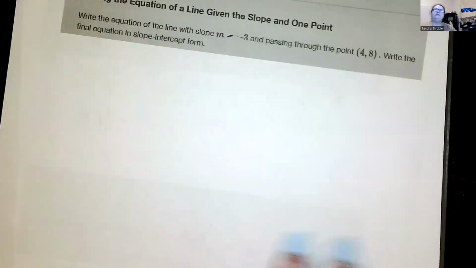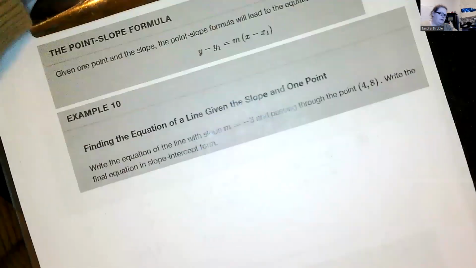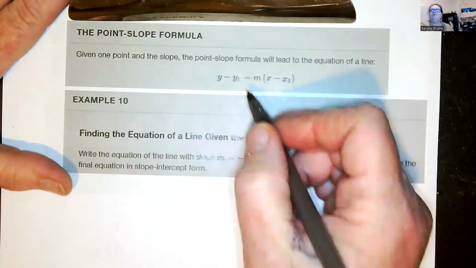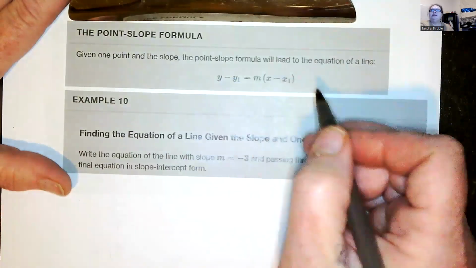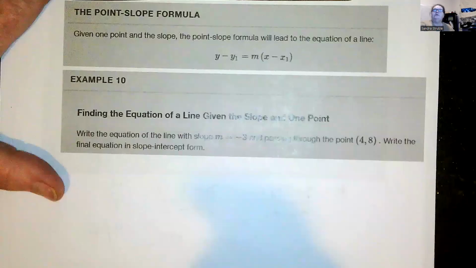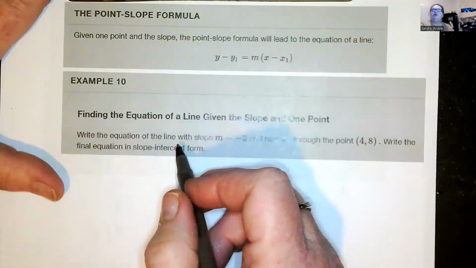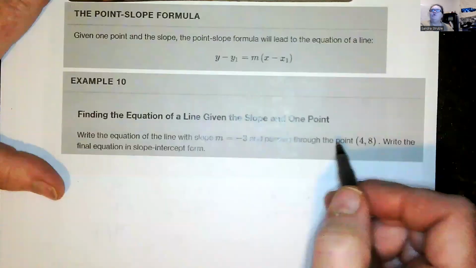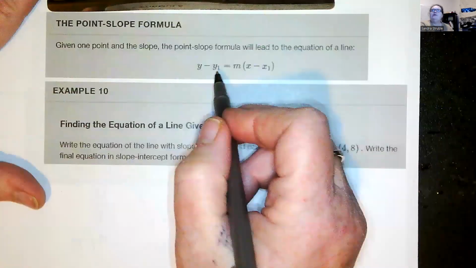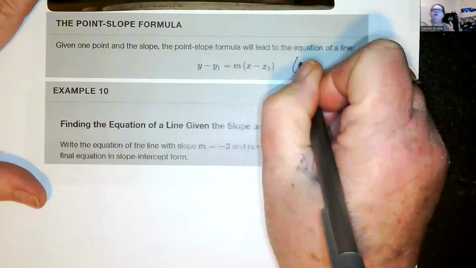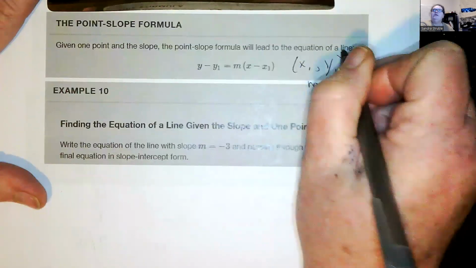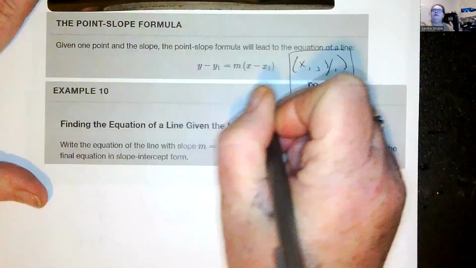All right, point-slope formula is another formula you need to have access to. And that's y minus y sub 1 is equal to m times (x minus x sub 1). It says write the equation of a line with slope m equals -3 and passes through the point (4, 8). So you have to have a point that is x1, y1, and you have to have m in order to plug into this.